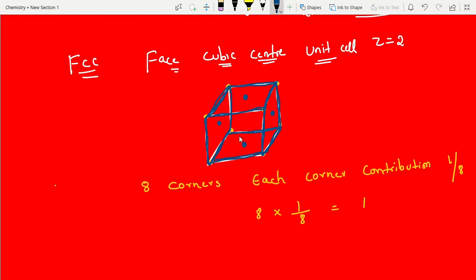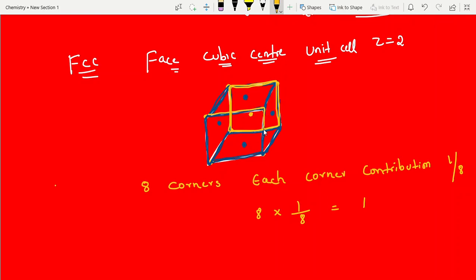Is it the final answer? No. 4 faces here. Next point, see where I am drawing the structure. See this cube. Look into this cube. This cube face. This is one face. For this face, center here. Face center. Next, this cube also.